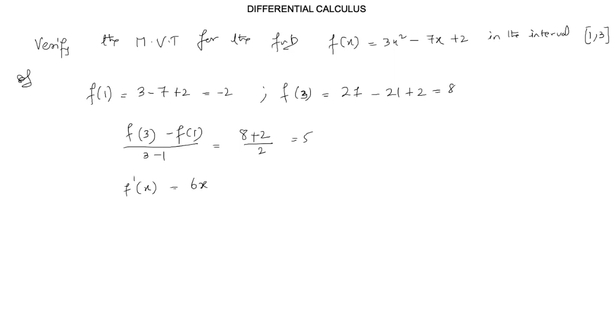Now f dash of x would be 6x minus 7, differentiating f of x, which is 3x squared minus 7x plus 2, and f dash of c is f of 3 minus f of 1 divided by 3 minus 1, which is 5.